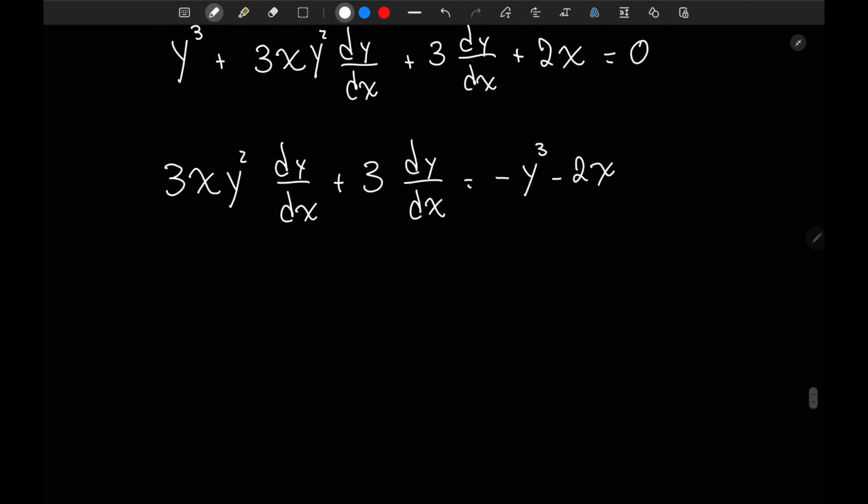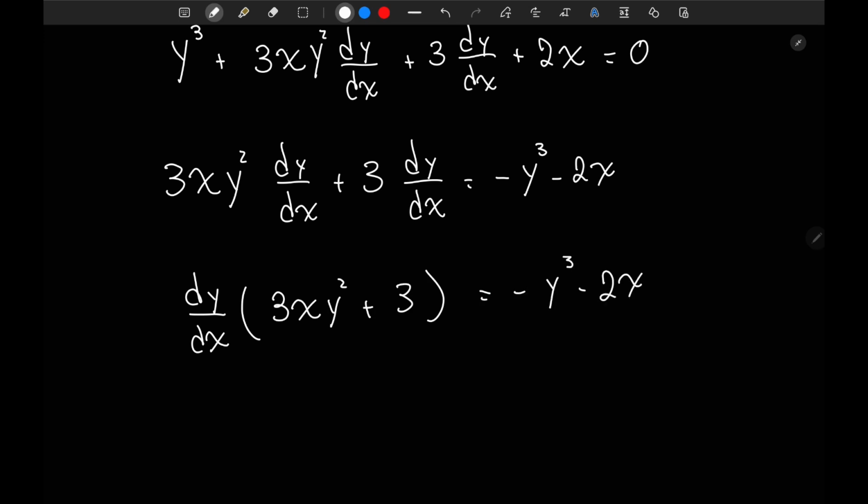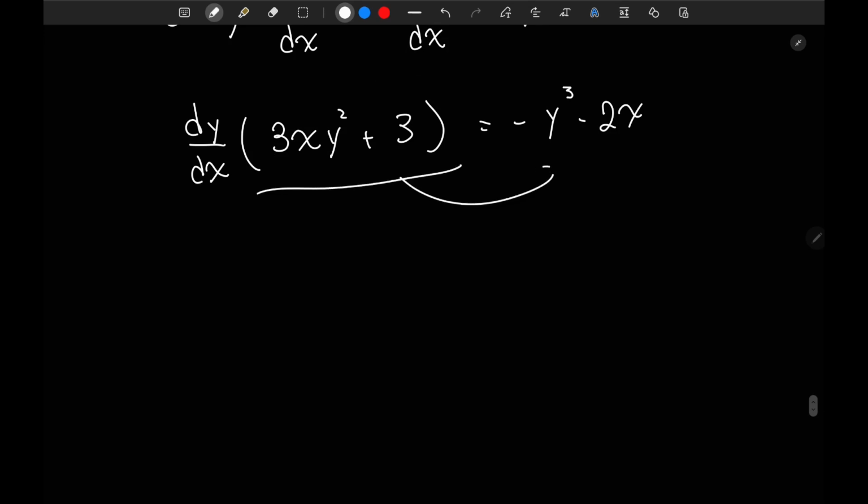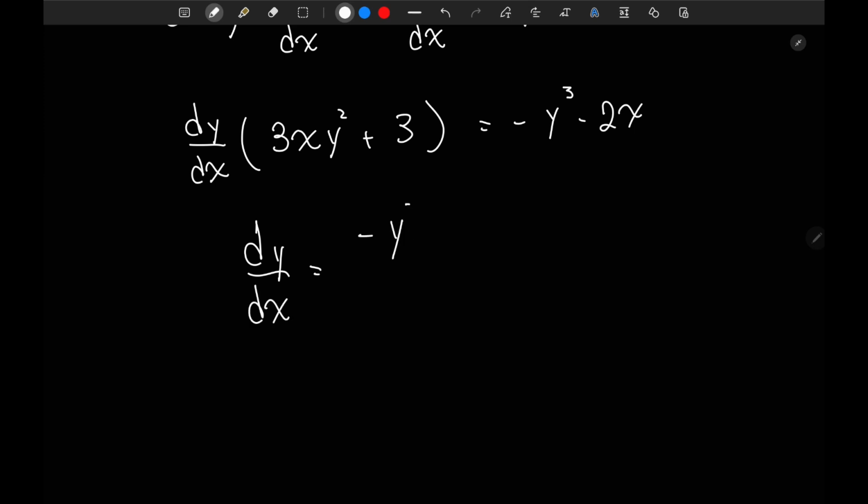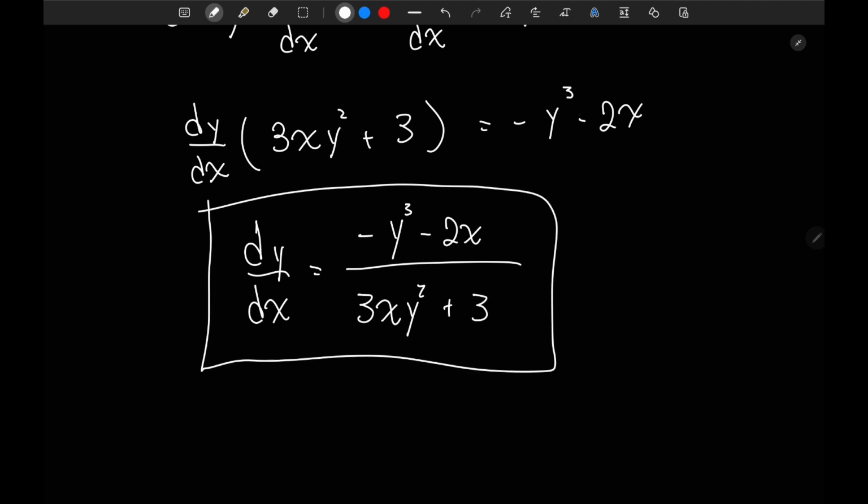Now we can factor out a dy dx, and we will be left with 3x y squared plus 3 is equal to minus y cubed minus 2x. And now we can move this to the bottom on the other side, and we will be left with dy dx is equal to minus y cubed minus 2x over 3x y squared plus 3. Here is the final answer.